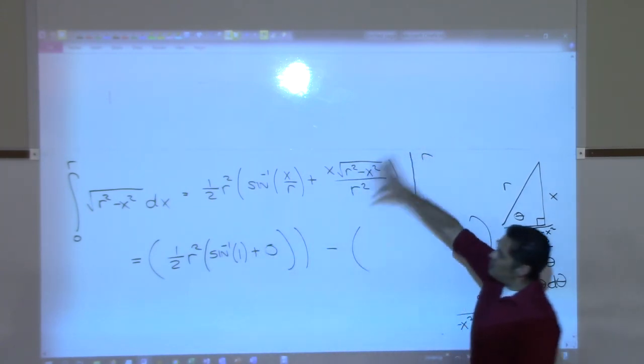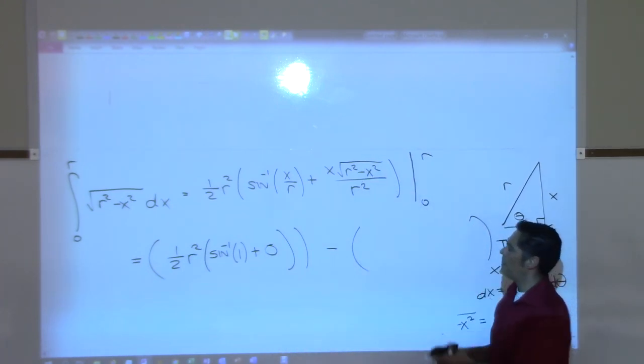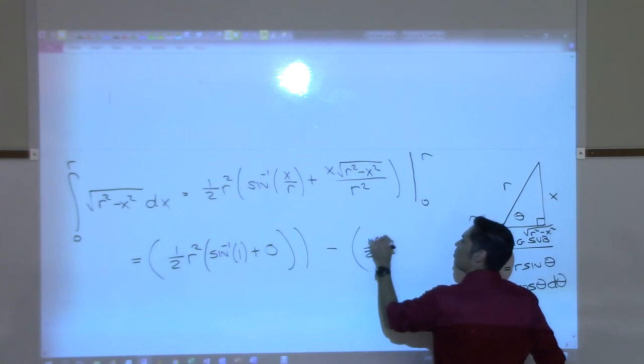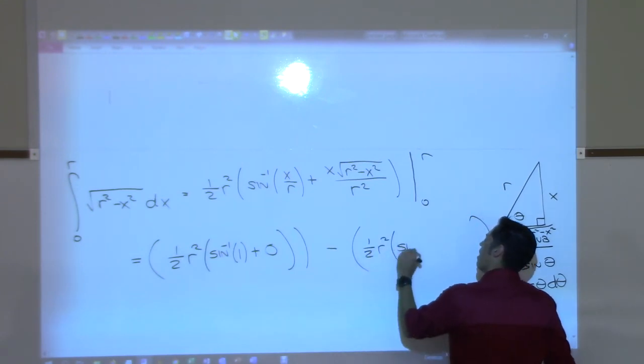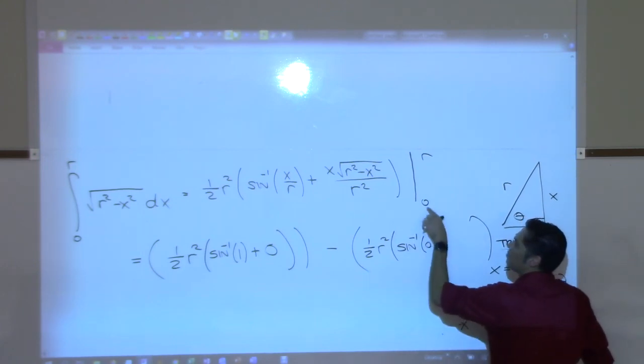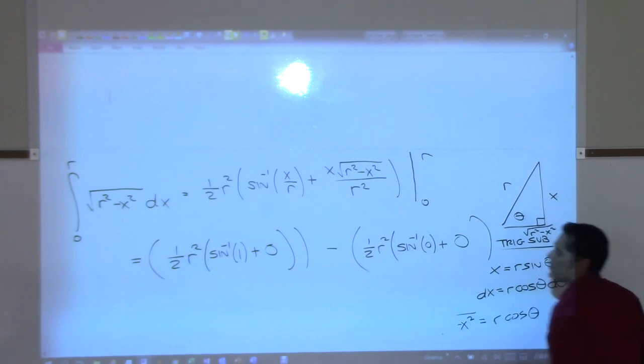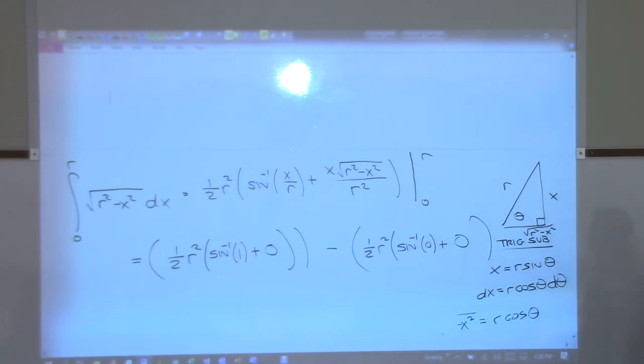Now let's plug in 0 into this. 1/2 r squared arc sine of 0 plus, now what happens when 0 goes right there? Kills that off, so we got nothing there. We're there. We just have to figure out what this is.